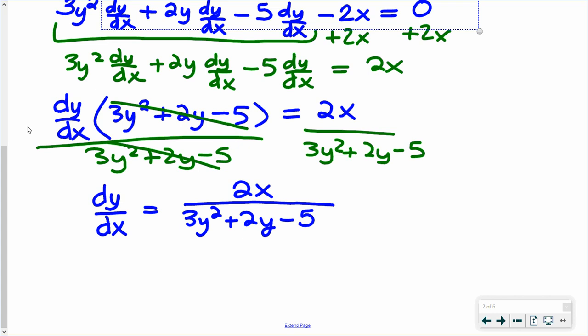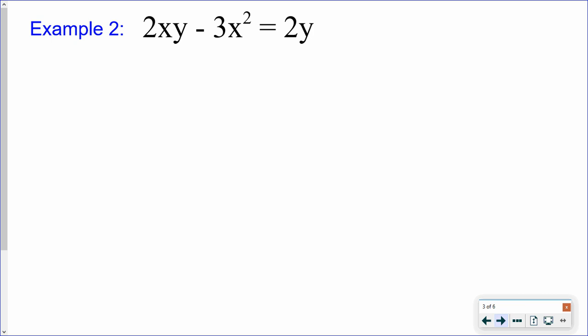All right, let's look at a few more examples. Okay, so in this example, what I really want to emphasize is if in the equation you are multiplying x times y, you have to use product rule, okay? So to start this off, you could look at this as 2 as a constant multiple times xy.